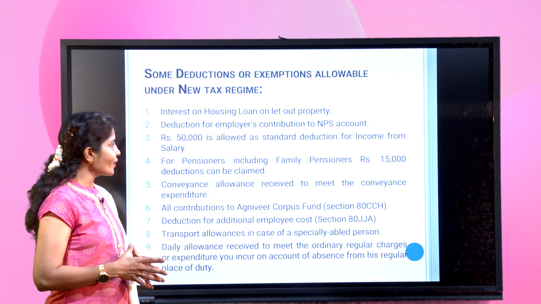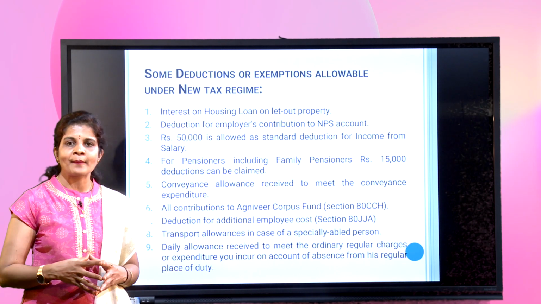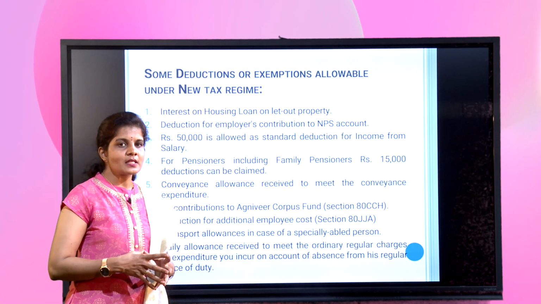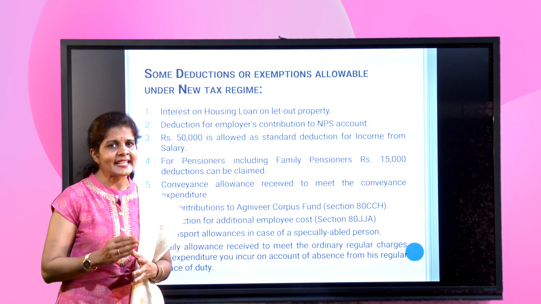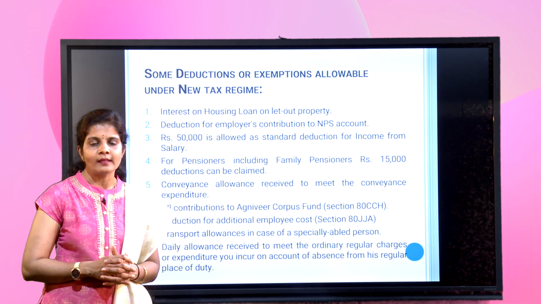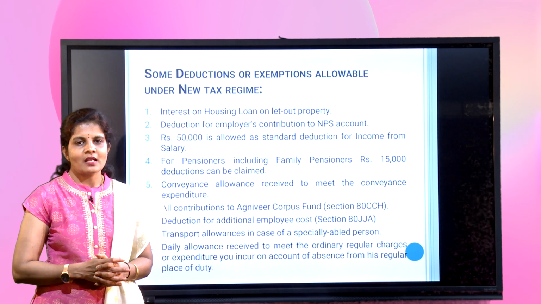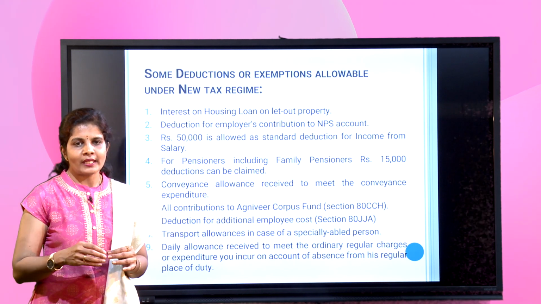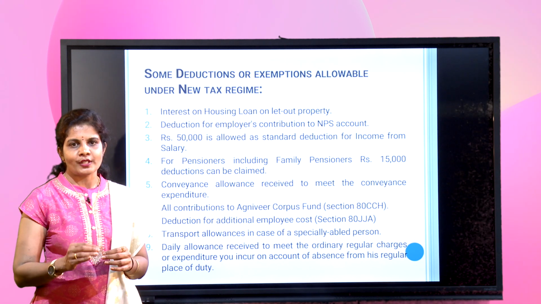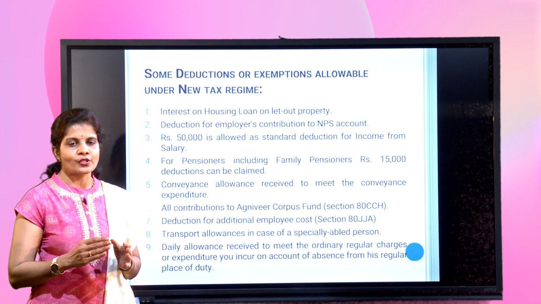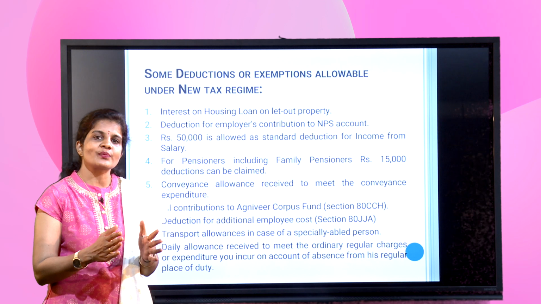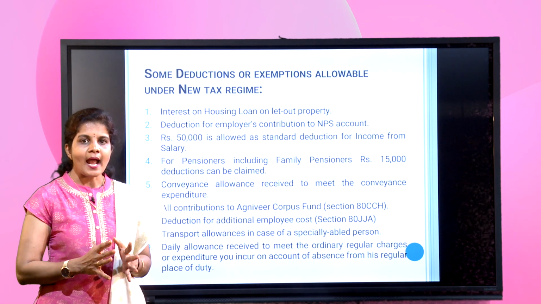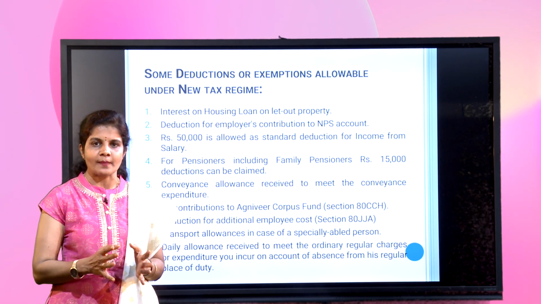Further, there is a deduction for employer's contribution to the NPS account, that is, employer's contribution under section 80CCD subsection 1. This is allowed, whereas in the old tax regime, both the employer's contribution as well as the employee's contribution were allowed as deduction under section 80CCD.